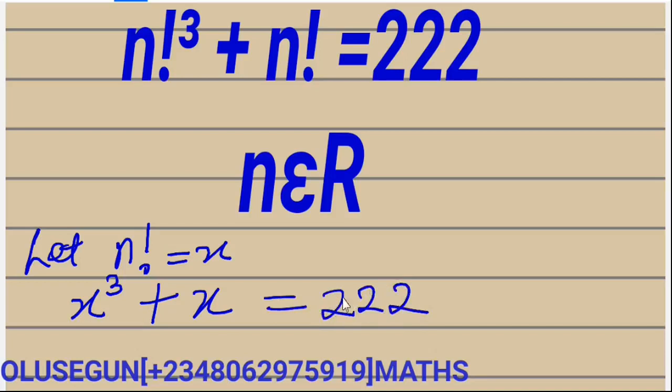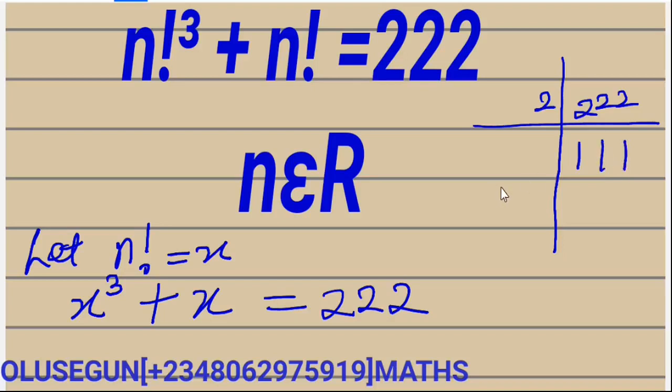In having a question like this, it's highly important to discover something about this 222. Let's try to find the factors of 222. We have 2 divided into 222, yes, it's possible, we have 111.